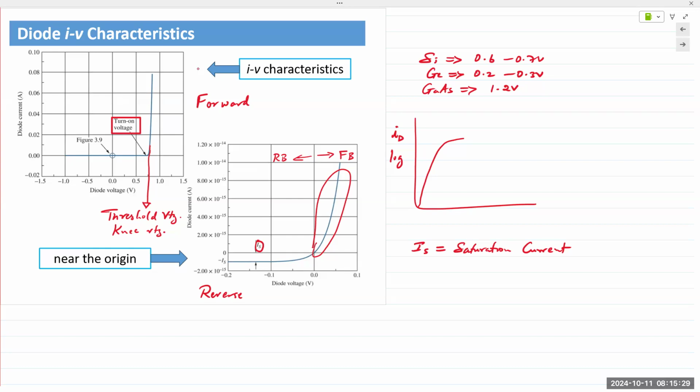Now, in the reverse bias, we know that the well, actually, let me wait. If I get the next slide, yes.